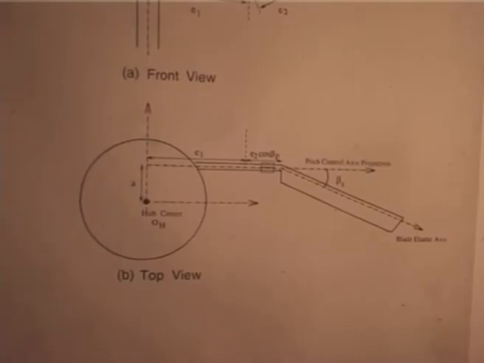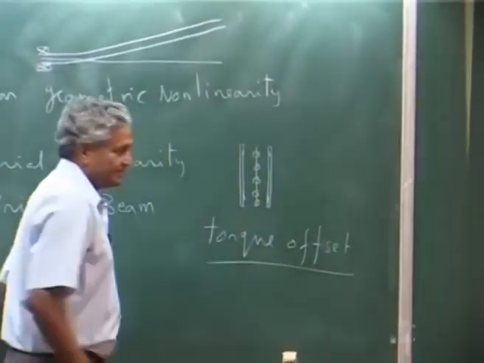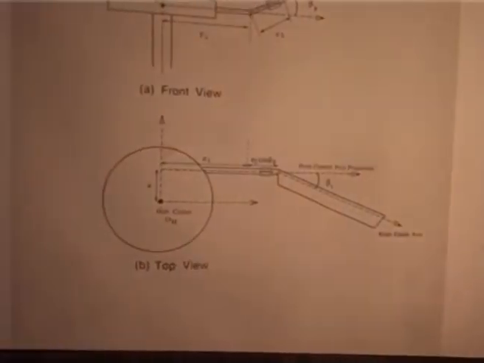This is called torque offset. If you really see that distance, it will be about 10 mm. It is not a lot. Usually it is a very small distance.